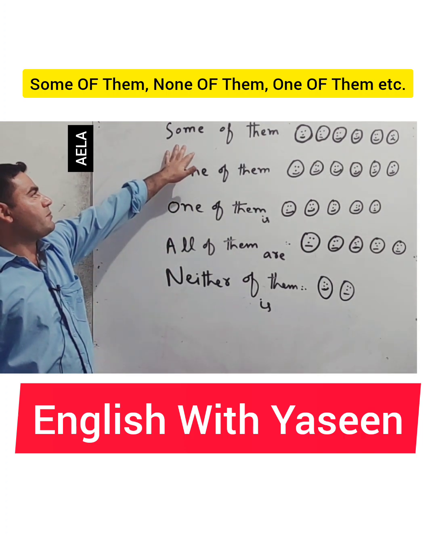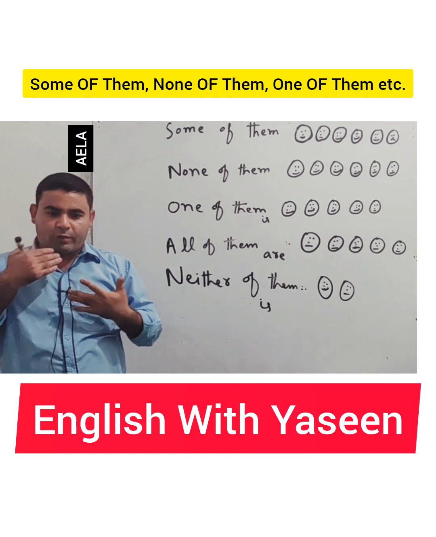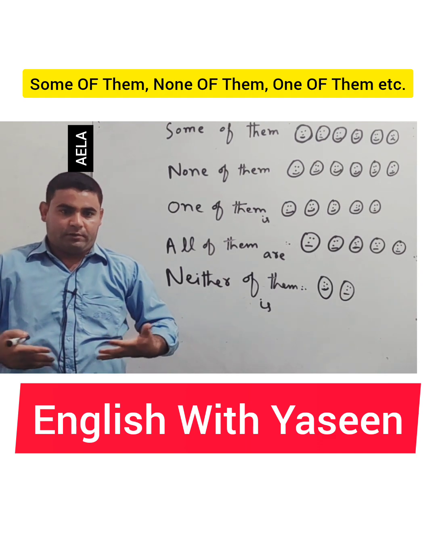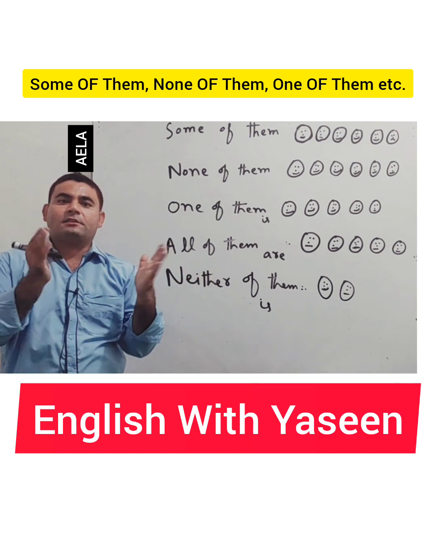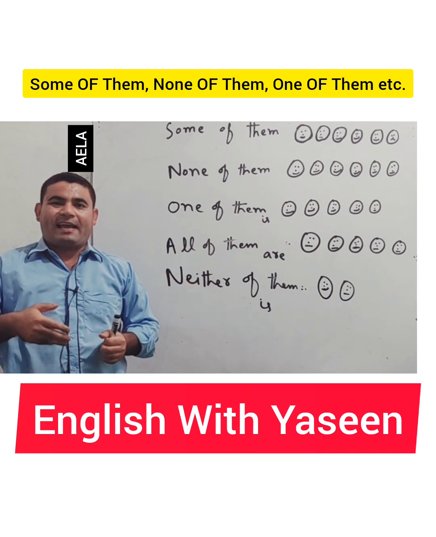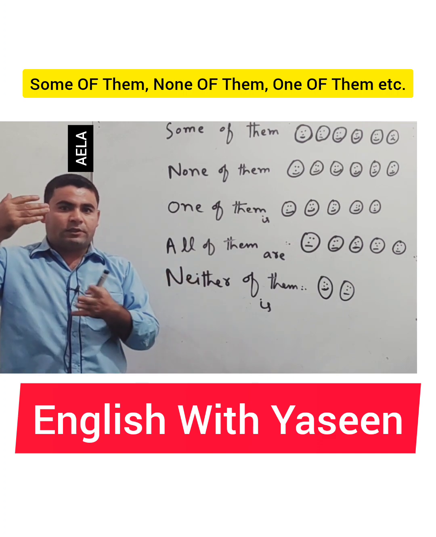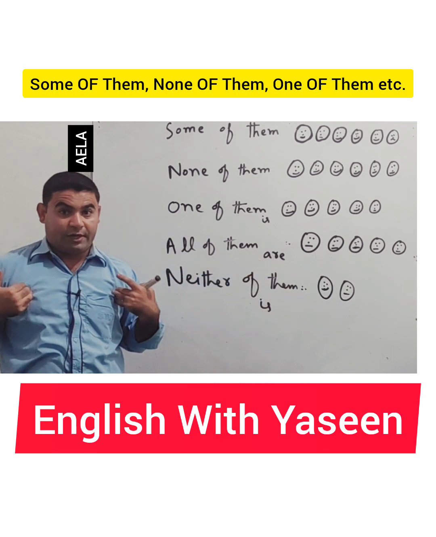So when do we use some of them? We use some of them when we don't want to mention the number. Sometimes we just want to tell the person that some of the people, some of the students, some of them. When I use some, the person understands, but I don't want to tell him the number because I don't know the number.